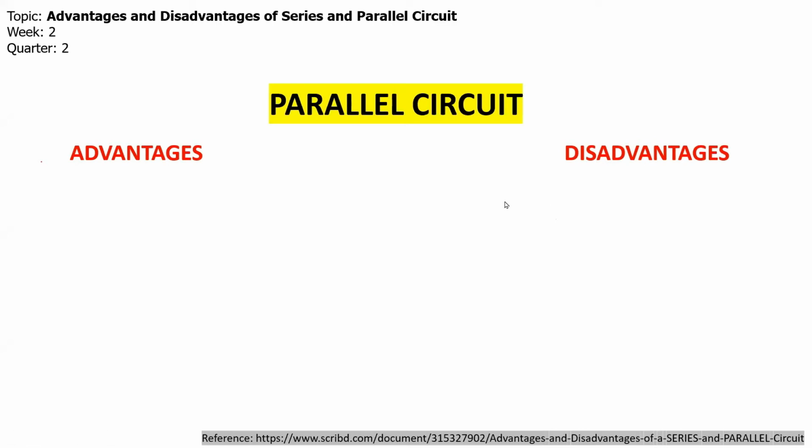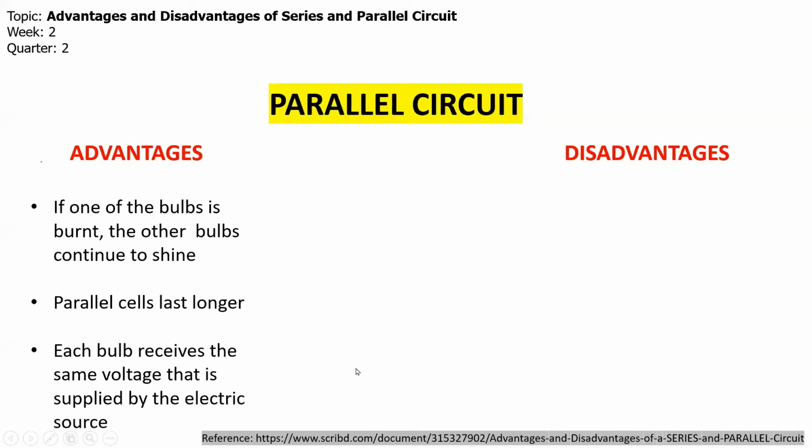Parallel circuit. The advantage is, if one breaks down, the others are still on. Yes, very good. If one of the bulbs is burnt, the others continue to shine. That is the classic advantage of a parallel circuit.